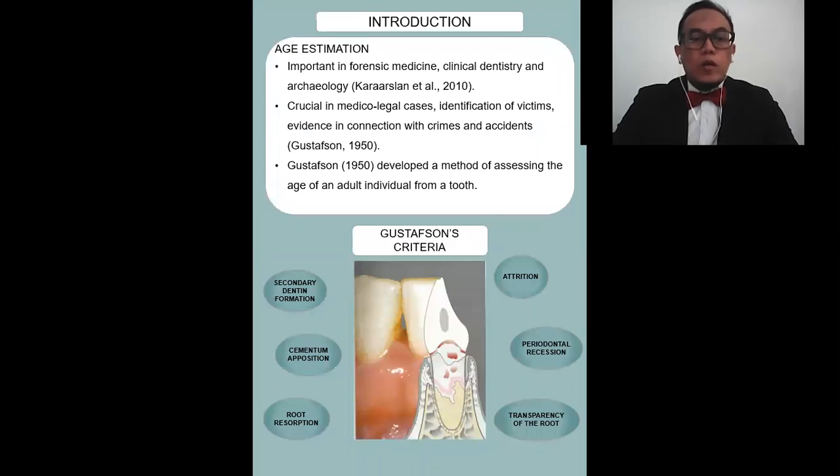As we know, age is one of the important factors in establishing the identity of a person, apart from sex, ancestry, and stature. Age estimation plays an important role in every aspect of human life, including forensic medicine, clinical dentistry, and archaeology.